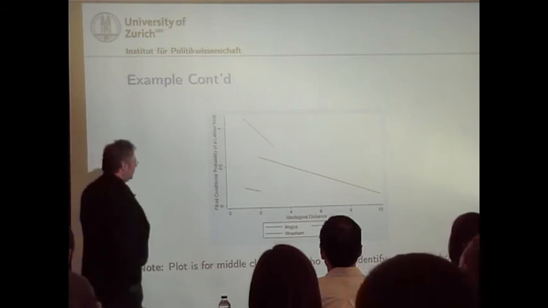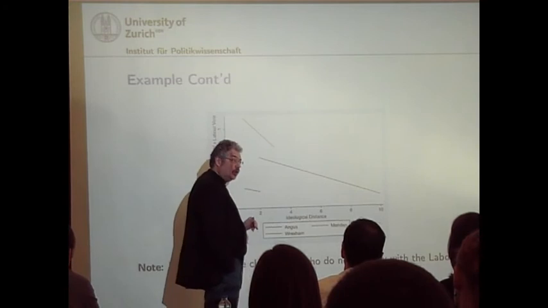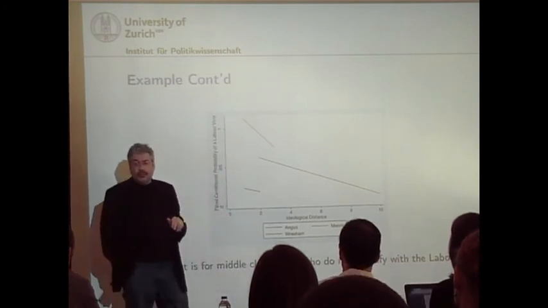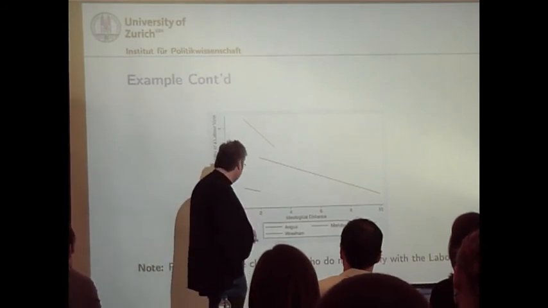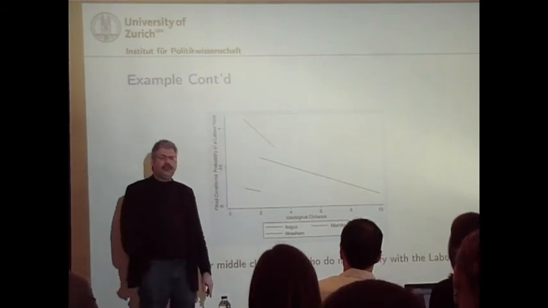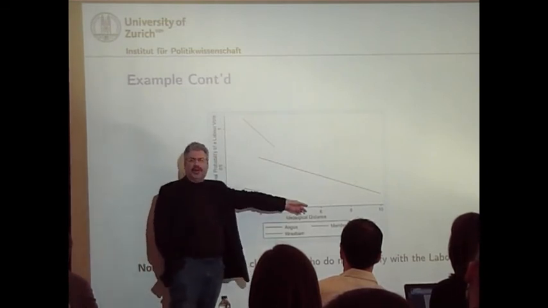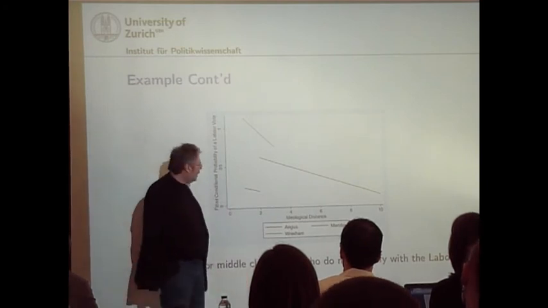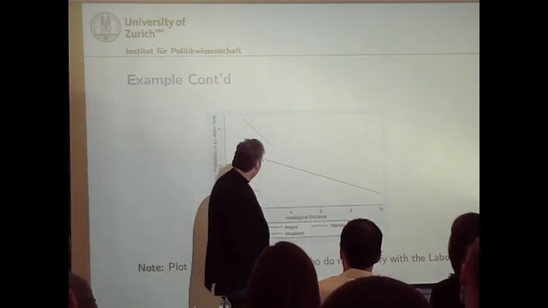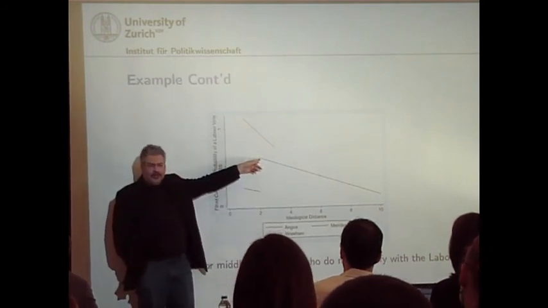You'll notice that some of these lines are very short, and one of them is longer. That just has to do with the fact that, for example, in Angus, we didn't have any respondents with an ideological distance to labor greater than 2. Whereas in Meriden, we had nobody who was really very close to labor.